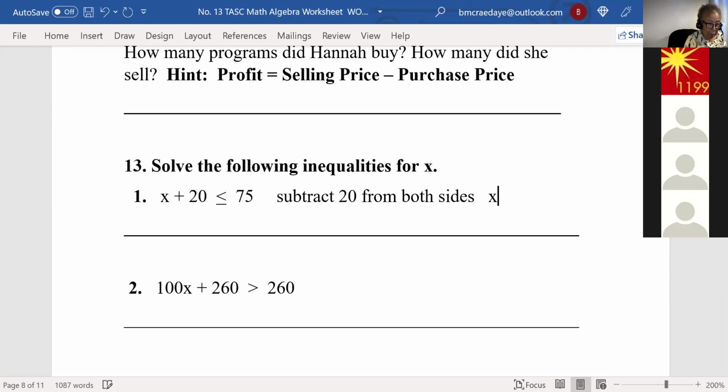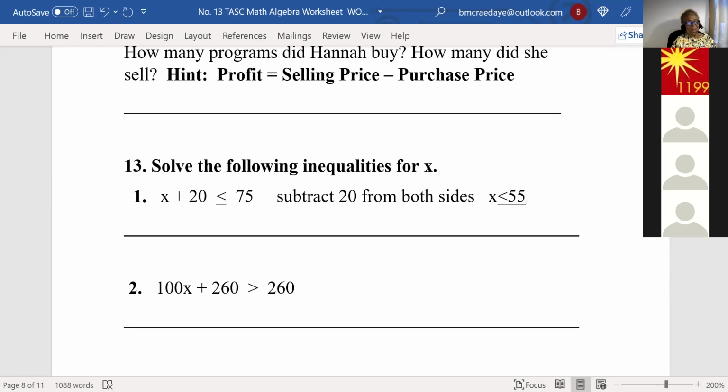X, and 75 minus 20 is what, Maureen? 55. That's it, you got it. So 55, that's your answer. Subtract 20 from both sides, and you got X less than or equal to 55.